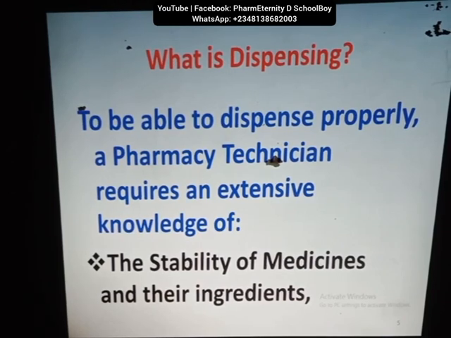Amoxicillin comes in powder. Powder, you need to do what? Reconstitute. Add water and shake properly before dispensing, or before taking.